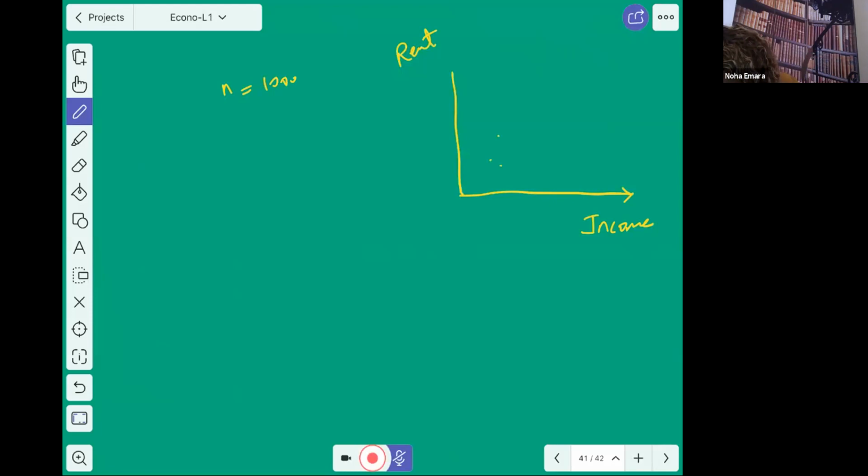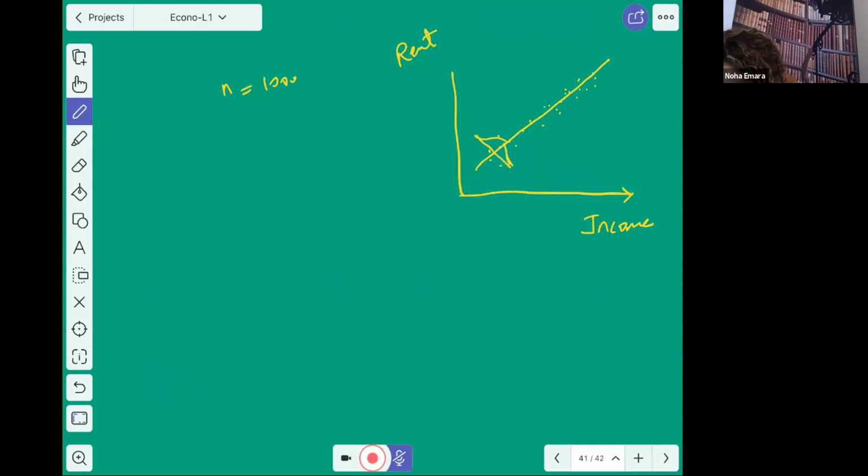I'm just making anything up, okay? And this would tell us that there is a positive relationship. As the person's income increases, he or she would pay more in the amount of rent. And when you try to look at the distribution, it looks normally distributed.